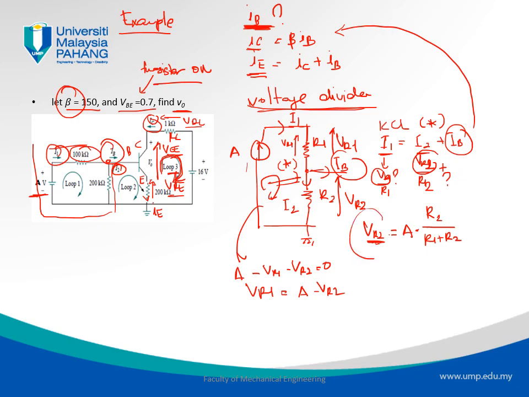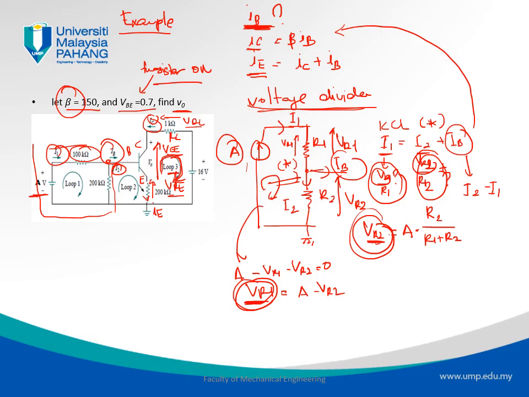We found VR2 over here, and A is a given value, so I will know the value of VR1. Now, knowing the values of VR1 and VR2, I can calculate I1 and I2. And then I'll find IB, which is I2 minus I1.